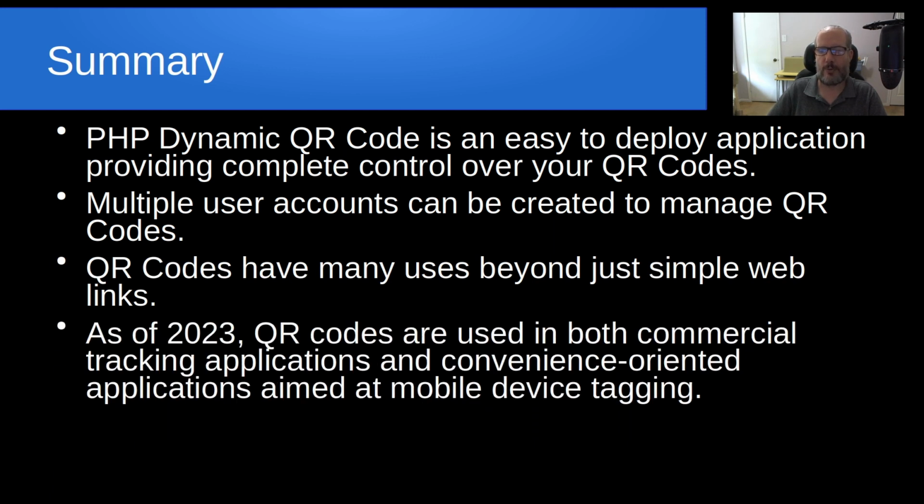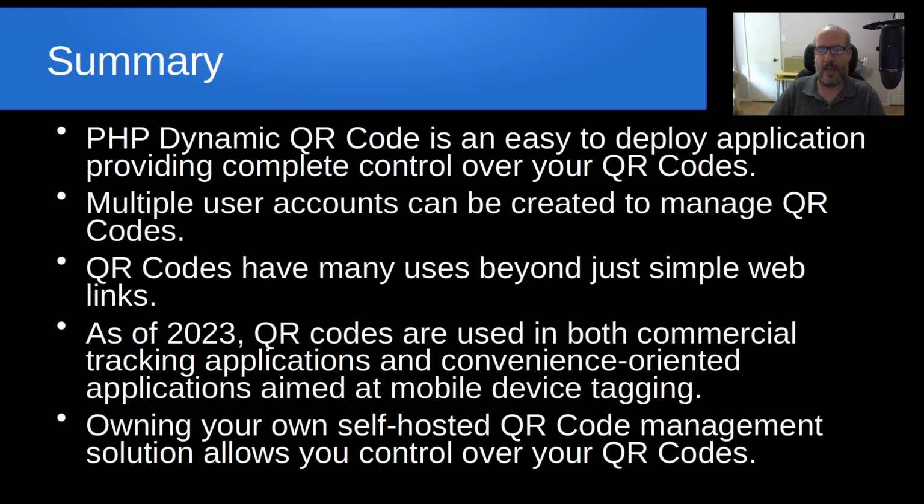As of 2023, QR codes are used in both commercial tracking applications and convenience-oriented applications aimed at mobile device tagging. And owning your own self-hosted QR code management solution allows you control over all of your QR codes.